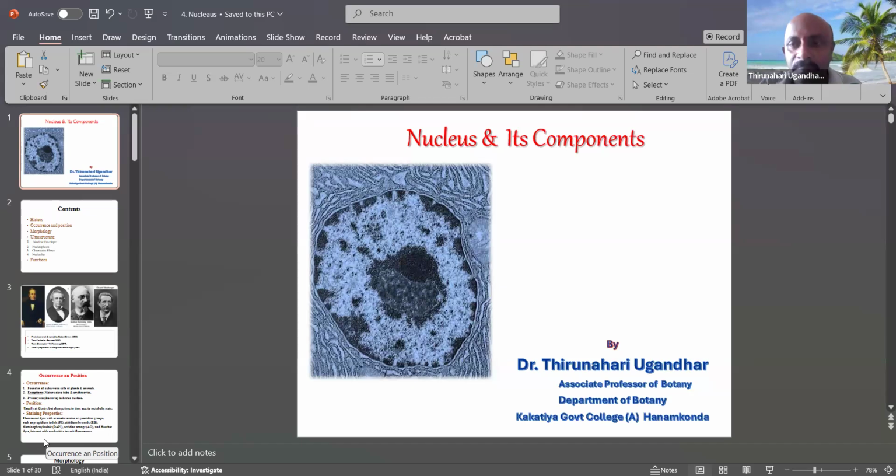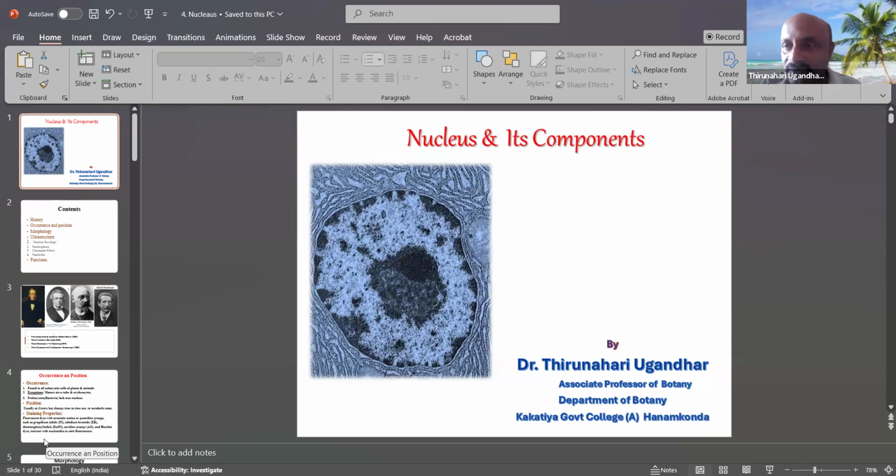It performs all metabolic activities, also maintains cell division, cell differentiation, cell elongation, and carries inherited characters from generation to generation. It also plays an important role in mutations and variations.